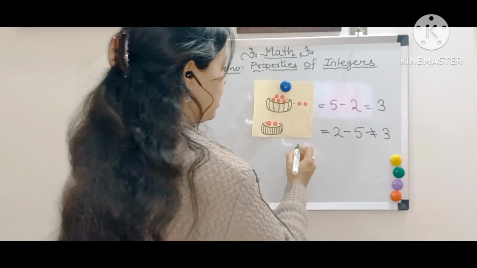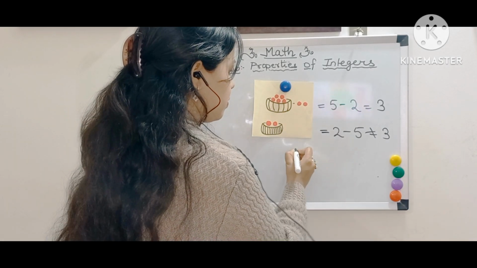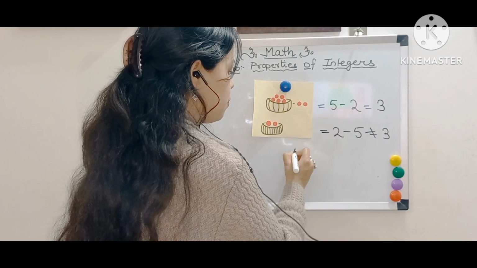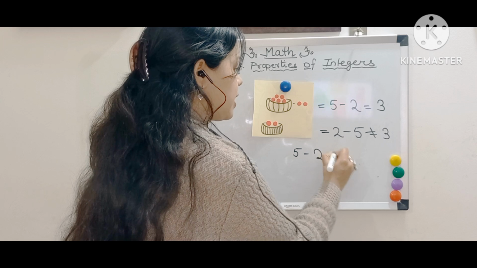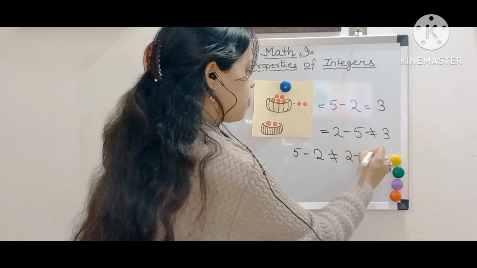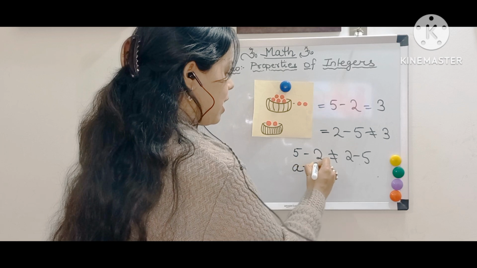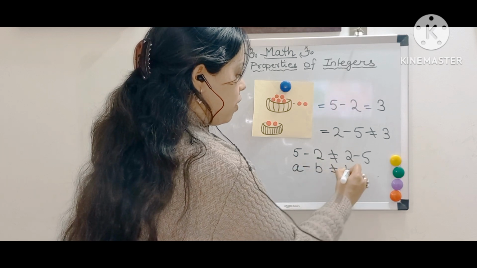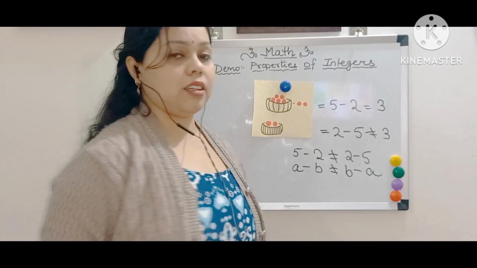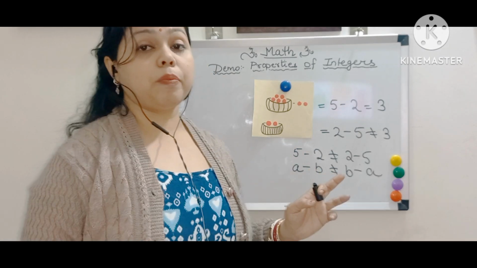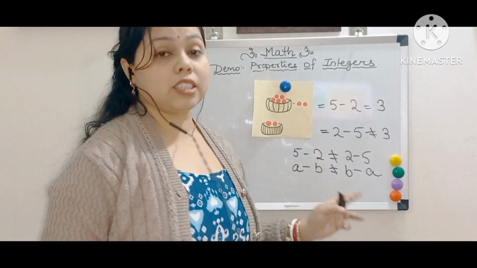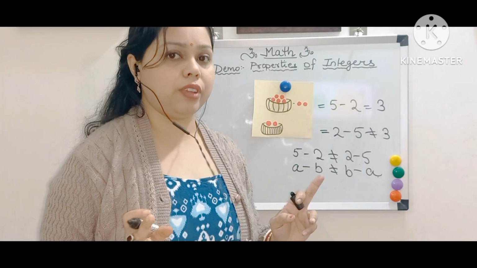Yes, that means 5 minus 2 is not equal to 2 minus 5. That means A minus B is not equal to B minus A. Hence, the commutative property under subtraction will not be fulfilled.